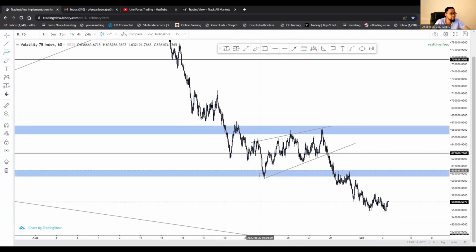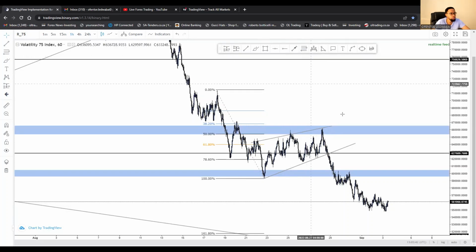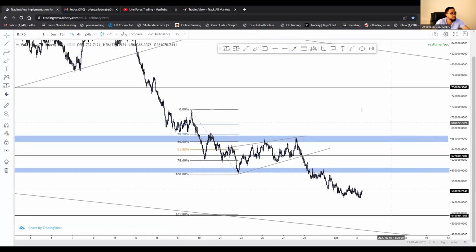It's my Fib, the most powerful tool. 38.2, guys. 38.2 shows you that you are having a stronger trend. When the market corrects to that level, you must know that we are gonna continue. So this is what happened here.